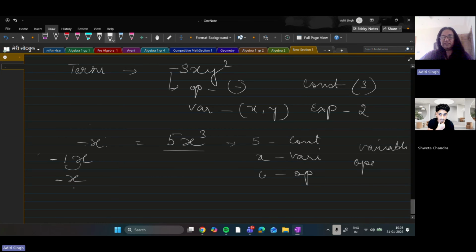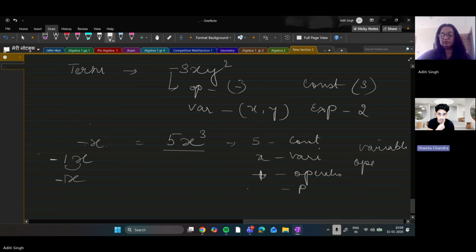So we are writing negative. This negative is not for a variable. This is 1 here. So operation is, if you do not have plus or minus, then what does it mean? It's positive. Very nice. And the power is 3. It's cubed. So this becomes a term, right?